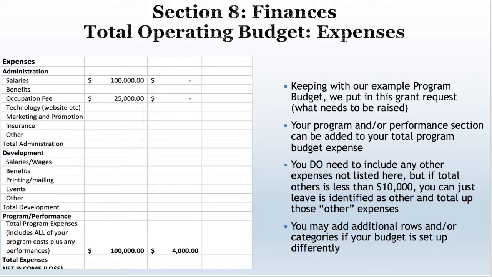In this example, we have $100,000 budgeted for salaries and $25,000 budgeted for occupation fee. Those are just example numbers.